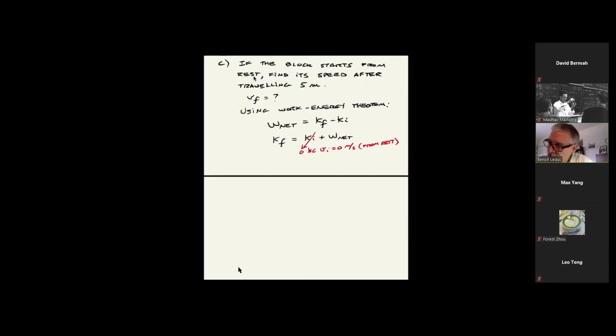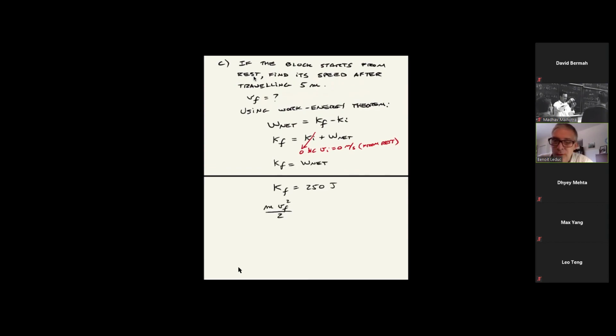So what do we have? We have the final kinetic energy is equal to the net work. What was it? Was it 250 joules? Yeah, I think so. So now we just isolate for the speed.